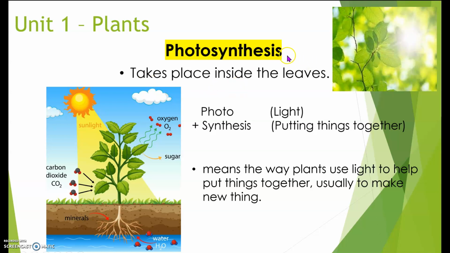So, photosynthesis takes place inside the leaves. That's where photosynthesis happens. Coming from the word photo, meaning the light. Photo is the light. Synthesis, putting things together. Putting carbon dioxide and water together.